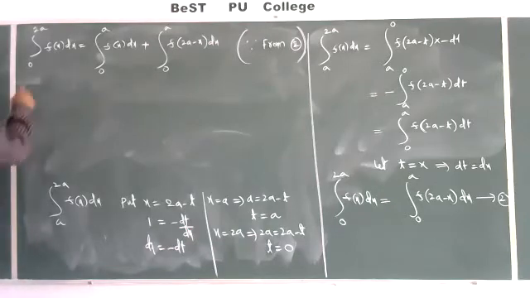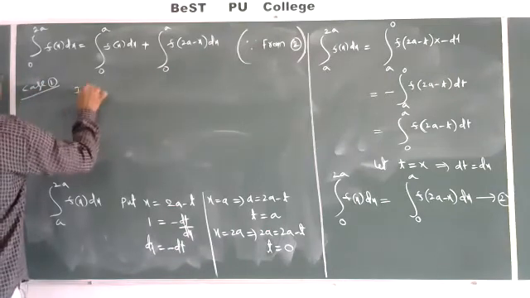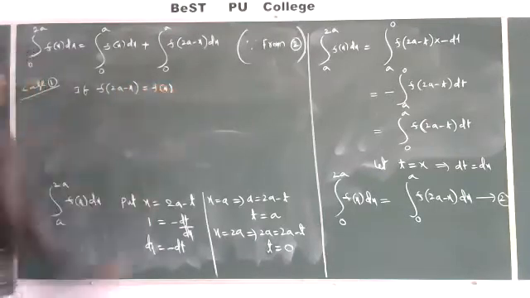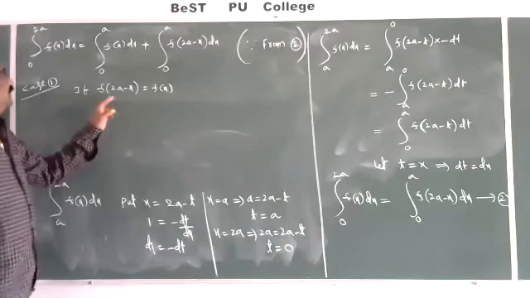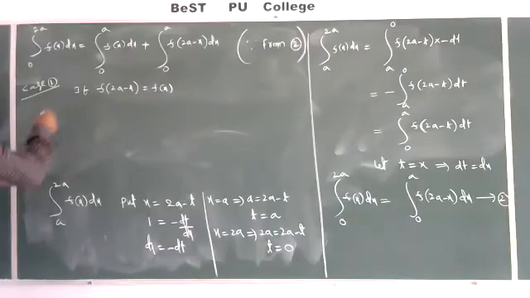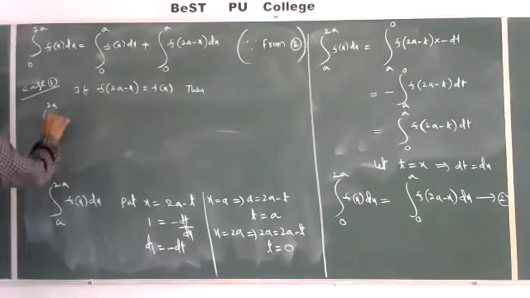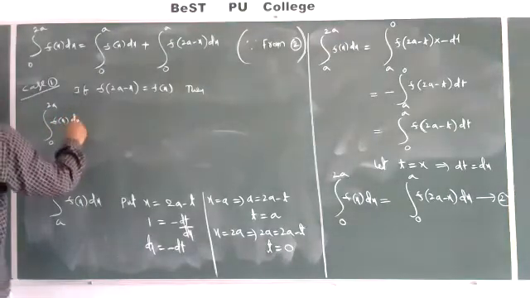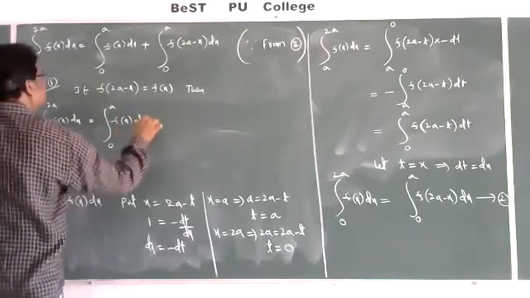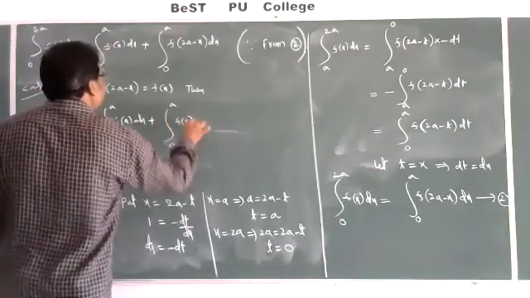Case 1: if f of 2a minus x is equal to f of x, then integral 0 to 2a f of x dx is equal to integral 0 to a f of x dx plus integral 0 to a f of x dx.